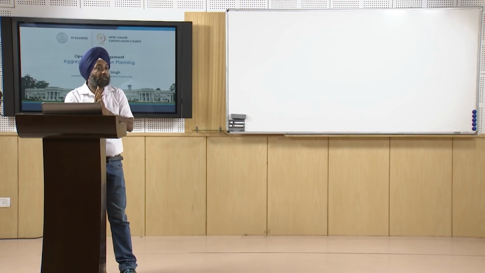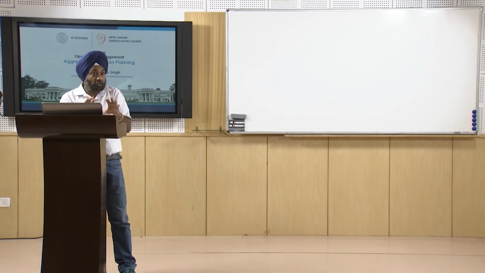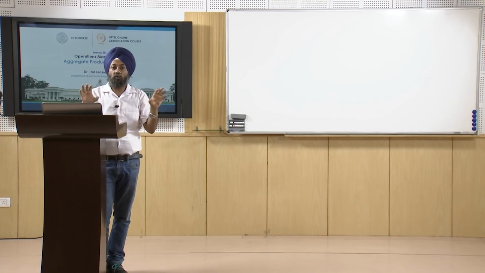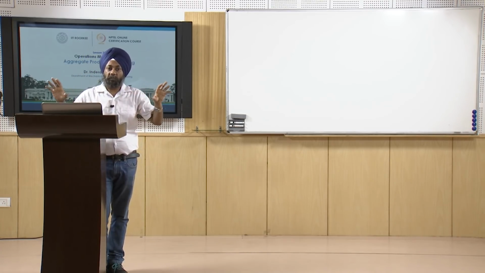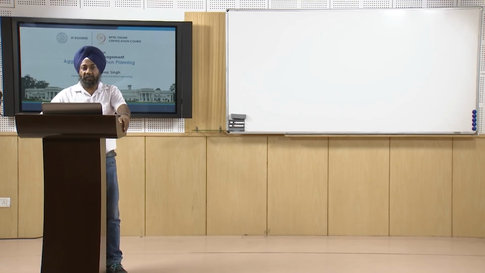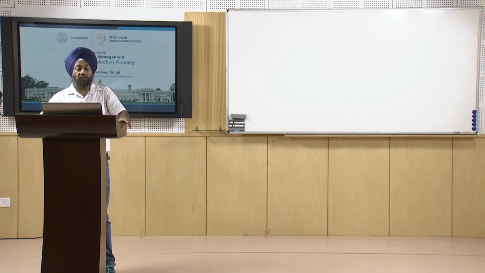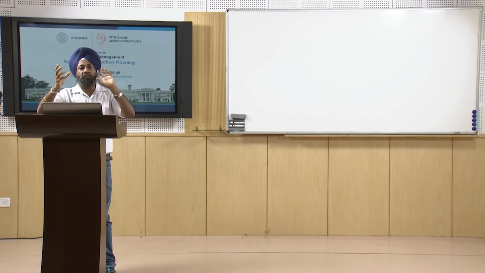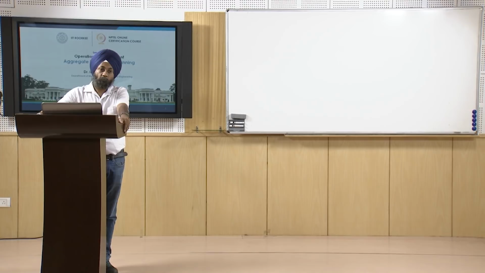So we may have different production alternatives available with us, and we will distribute the demand among these production alternatives in such a way that our overall cost of production for the complete year is minimized. As you can see, there can be so many permutations and combinations possible to meet the demand, but which alternative is going to give us the best result, that we have to find out.